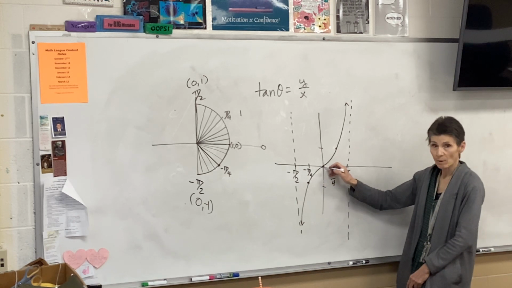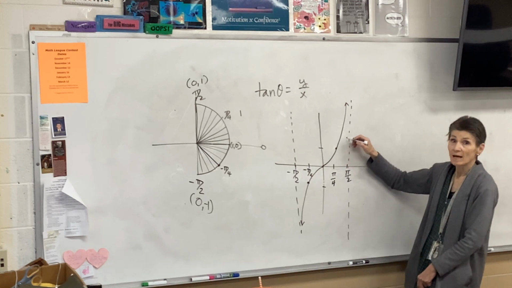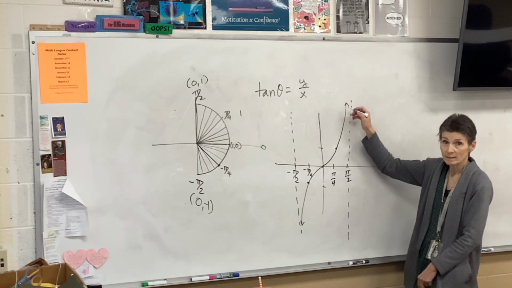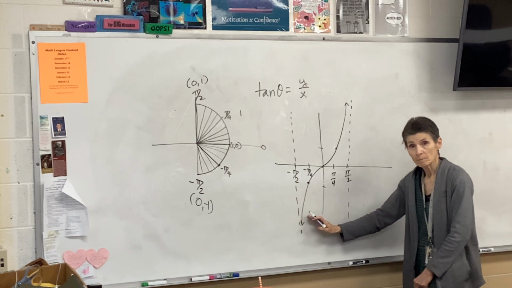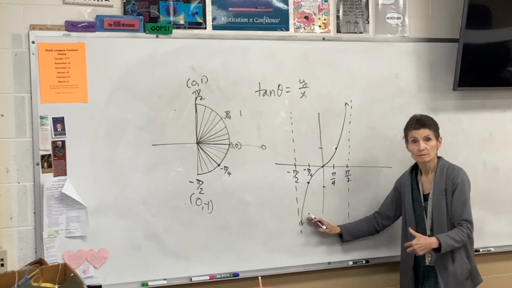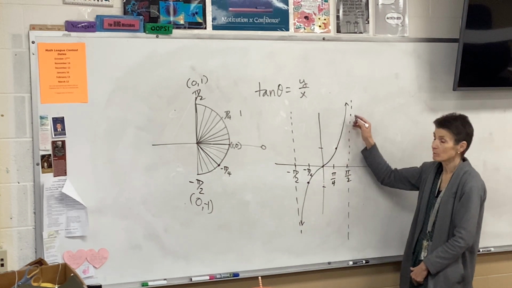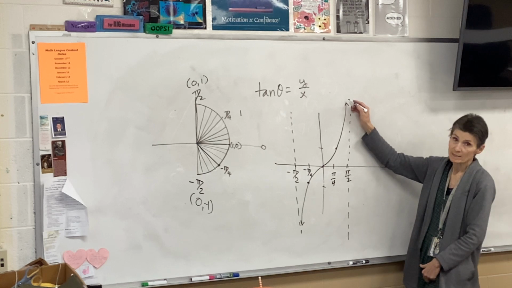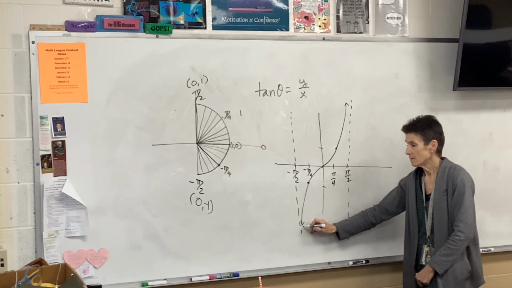When I get to 0, my slopes are still increasing, but at an increasing rate. As I move away from the asymptote, my rate is less. As I approach an asymptote, my rate increases. So once again, left to right.